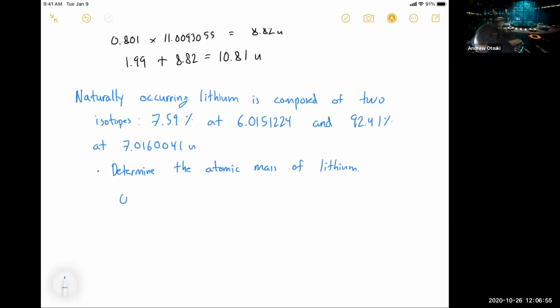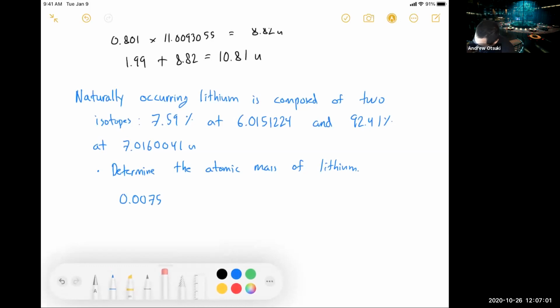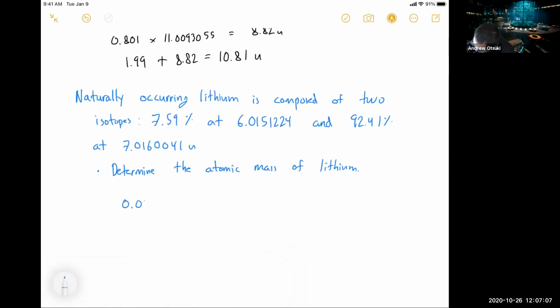So we have 0.0759, because we moved the decimal point 2 places, times 6.0151224. And that gives us a number, but let's write the other one first, then we can calculate them both at the same time.